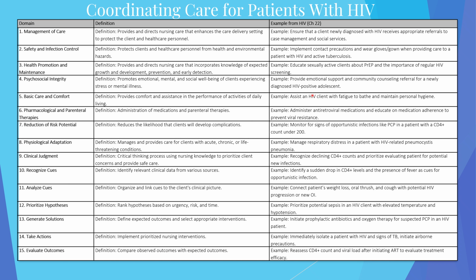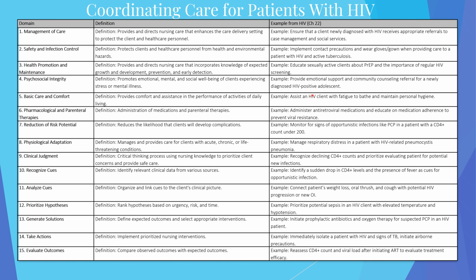Basic care, which many candidates have a problem with: assist an HIV client with fatigue to bathe and maintain personal hygiene. Then pharmacological: administer antiretroviral medication and educate on medication adherence to prevent viral resistance.